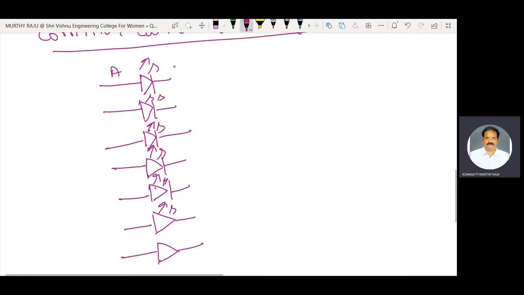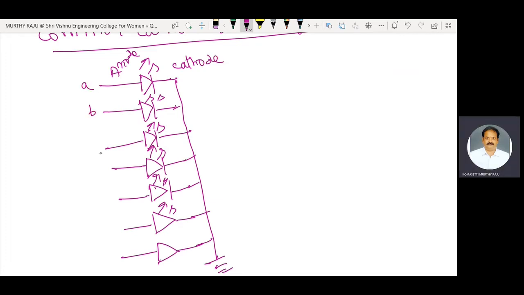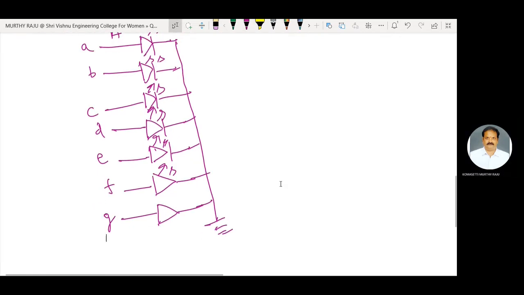This one is anode and this one is cathode. This is the common cathode 7-segment display. All are combined and connected to ground. Here A means anode, C means cathode, and these are the A, B, C, D, E, F, G letters.